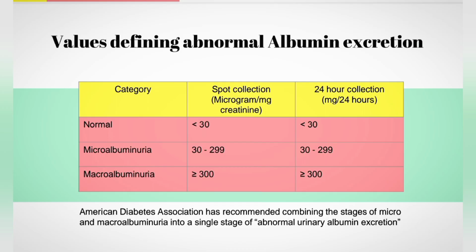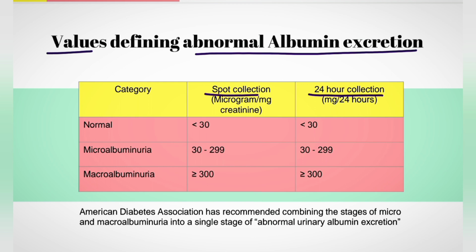This table shows the values which define abnormal albumin excretion rate. The normal level of albumin can be taken in two conditions, the spot collection or 24-hour collection. So the normal albumin excretion level is defined when it is less than 30 microgram per milligram of creatinine.